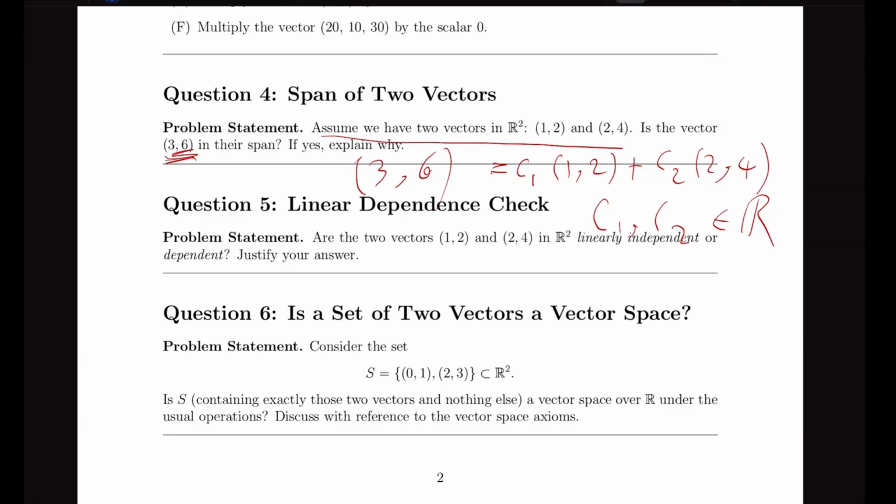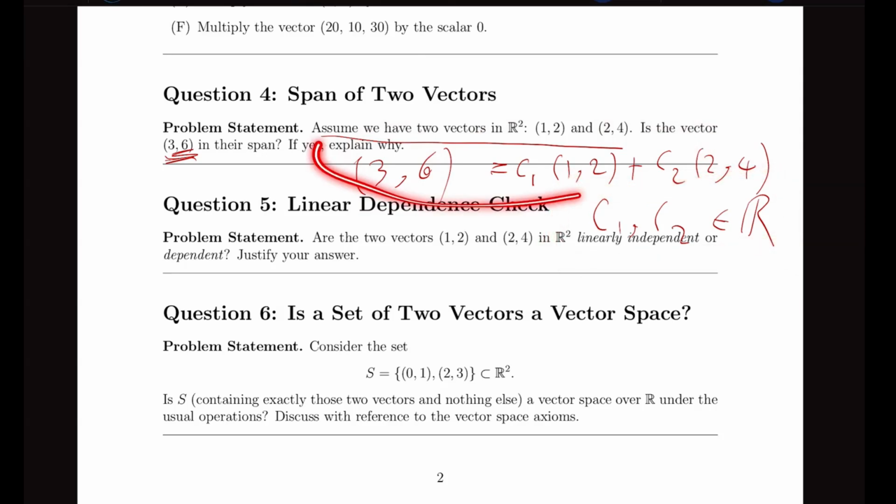All you have to do is figure out if there exist any C1 and C2 in the real space that can satisfy this equation. If yes, then this is in the span of these two vectors. If no, then it's not.